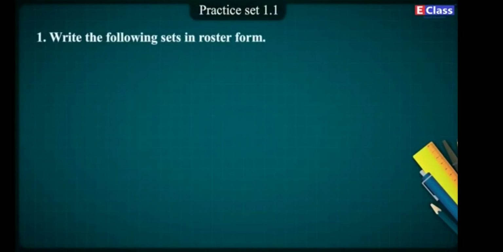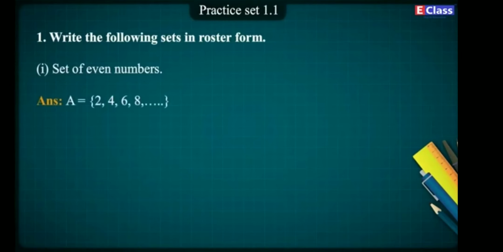Practice set 1.1. 1. Write the following sets in roster form. 1. Set of even numbers. Answer. A = {2, 4, 6, 8, and so on}. 3.